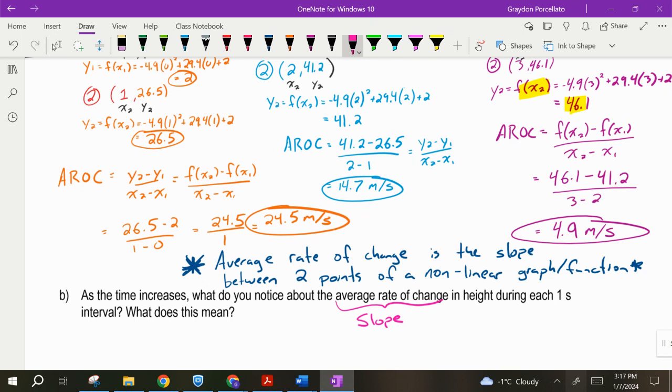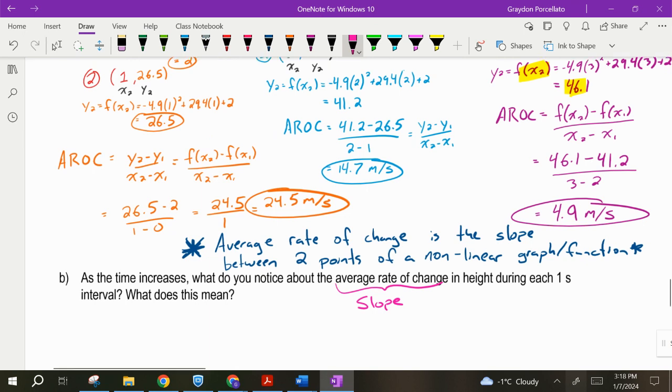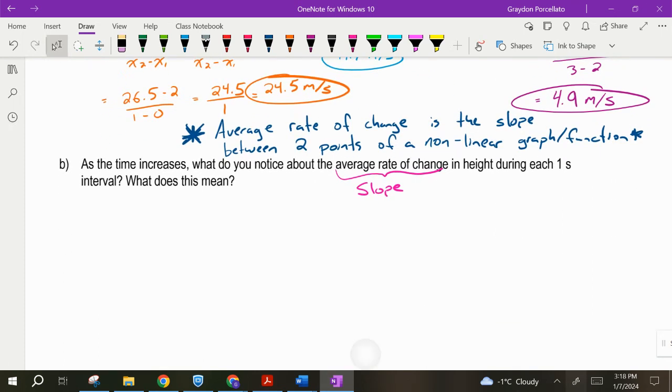As the time increases, what do you notice about the average rate of change in height during each 1 second interval? What does this mean? You can also read this as: as the time increases, what do you notice about the slope in the height during each 1 second interval? What does this mean? Okay, well, what do we notice?